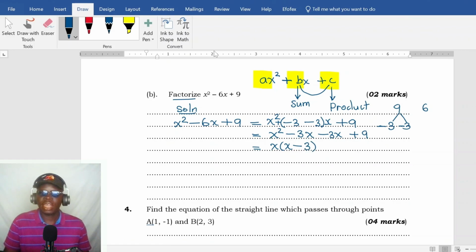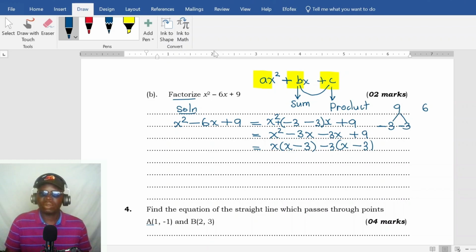Now for us to have a negative, we need also a negative somewhere here, so that when you multiply negative and negative it is positive. So our common factor should be negative 3, and inside we have x minus 3. Of course, negative times negative is positive, 3 times 3 is 9. Okay, so we can see something looking similar here.